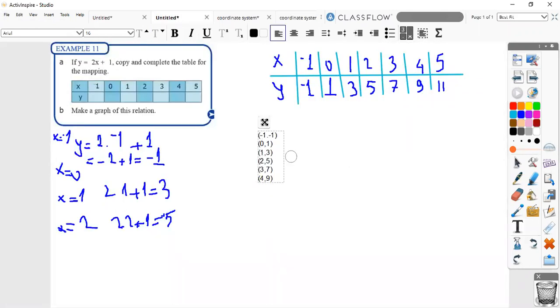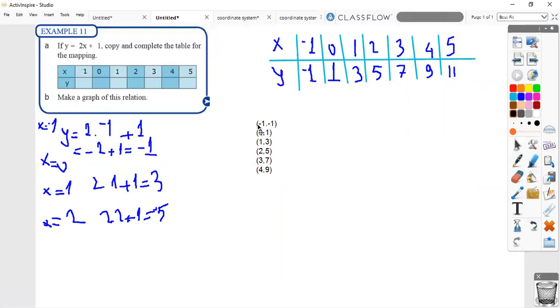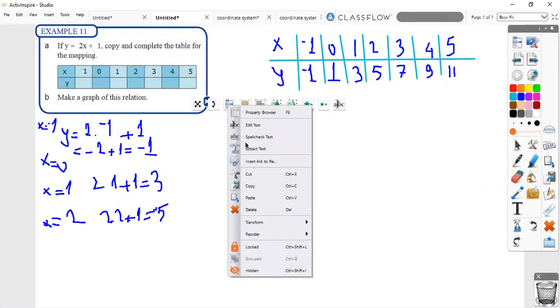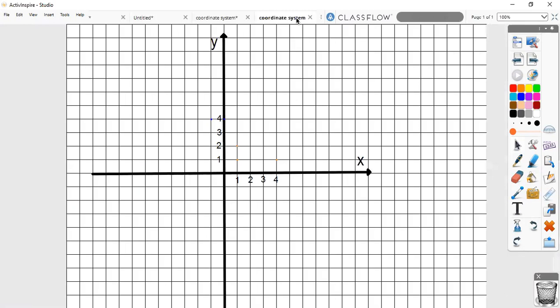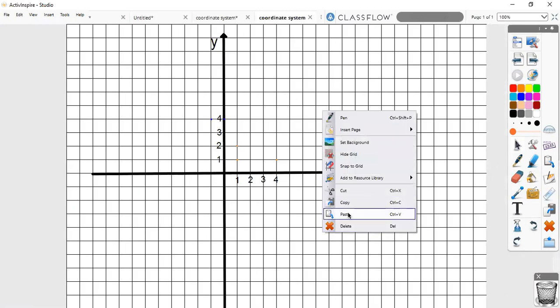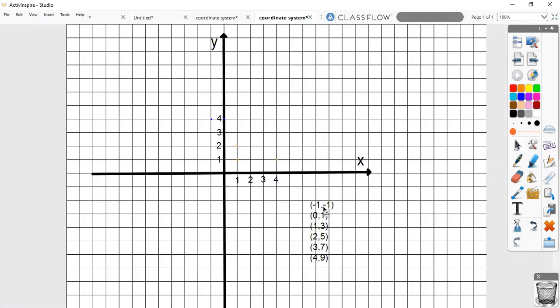These are the points, and I am going to use them for graphing. The first point is x -1, y -1, this point. The next one is x 0, y 1.